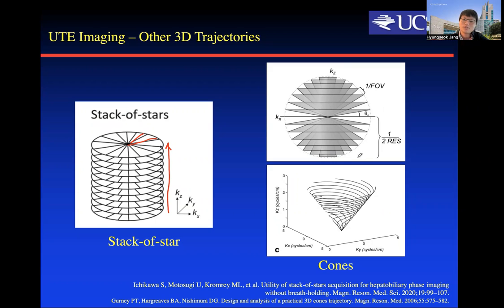So this is quite efficient, more efficient than conventional 3D radial UTE, because we can use this spiral trajectory. This is very useful for in vivo scans because the scan time is typically shorter.